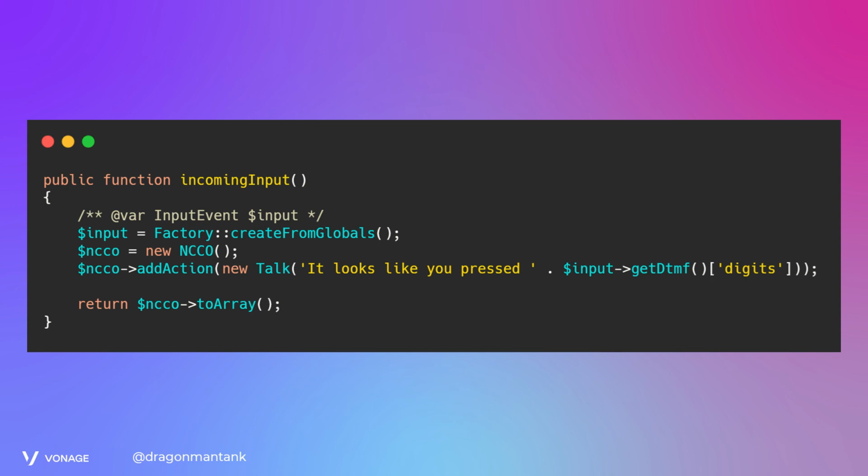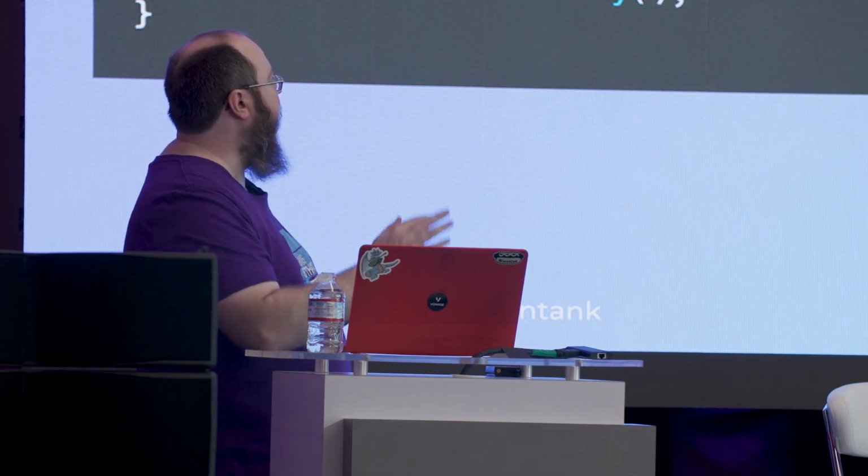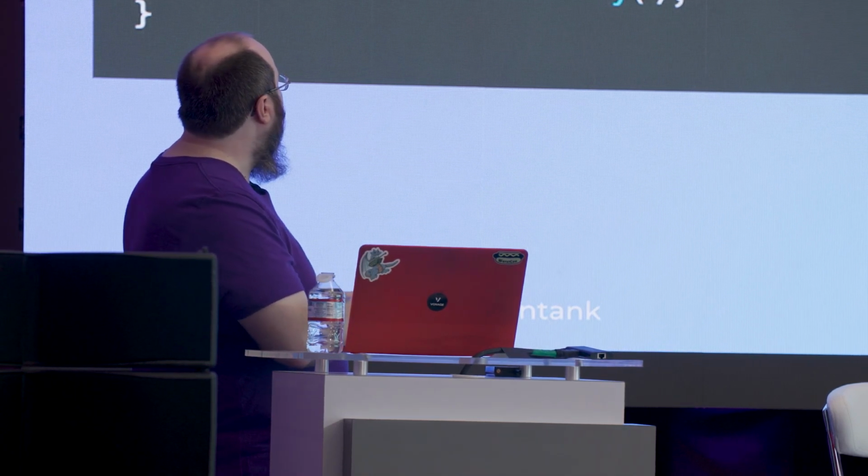And we can say, it looks like you pressed whatever, and have that talk back to the user. So we can say, hey, please press a button, which will show up here in a minute. Get that, send it back. But then in this case, we're just returning that NCCO. So it's really easy to get started with being able to manipulate phone calls because it's all done just through these NCCOs. There's not really a whole lot of complicated programming languages that go along with it.